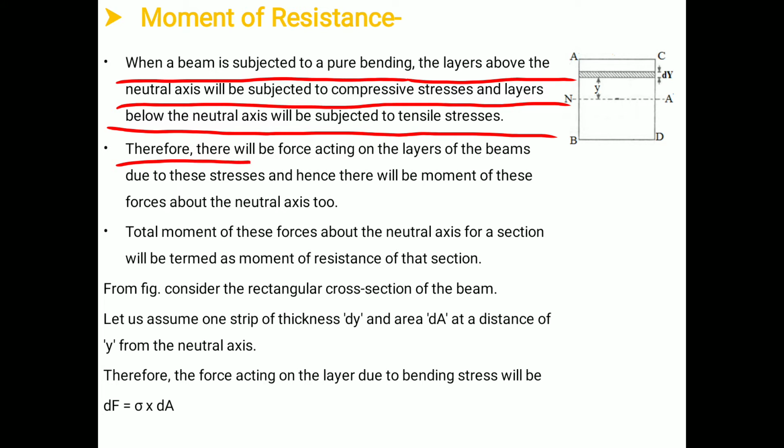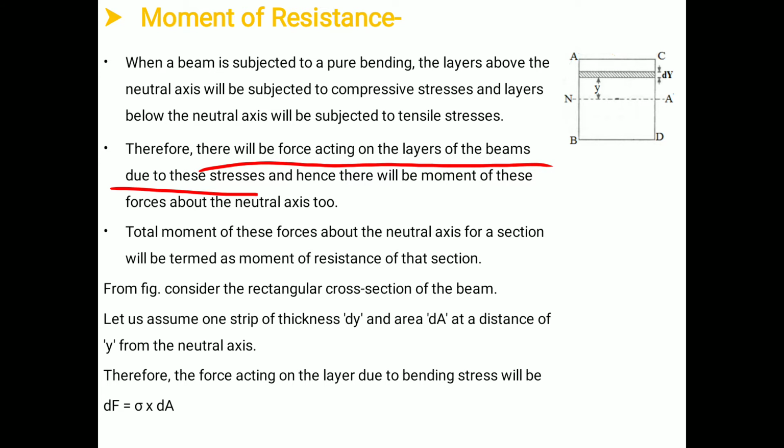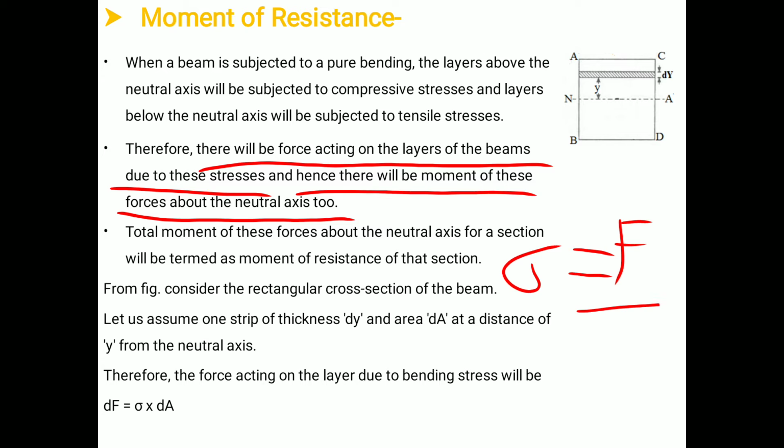Therefore, there will be forces acting onto the layers of the beam due to these stresses, and hence there will be a moment of these forces about the neutral axis too, because all of you know that sigma is given by force upon A. As the beam is subjected to compressive and tensile stresses, that is sigma.